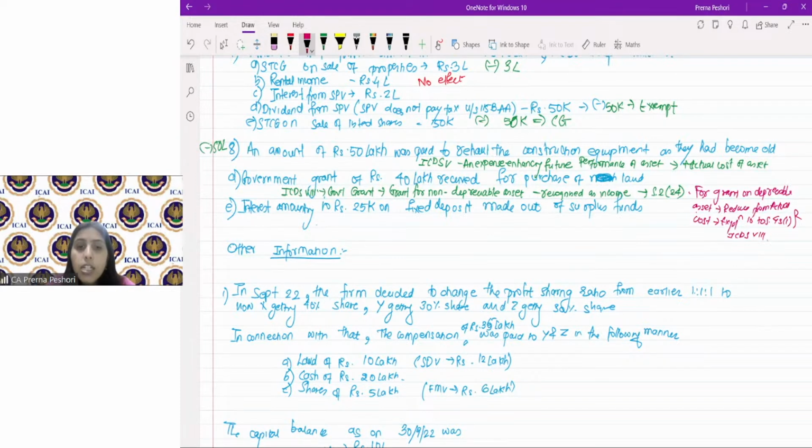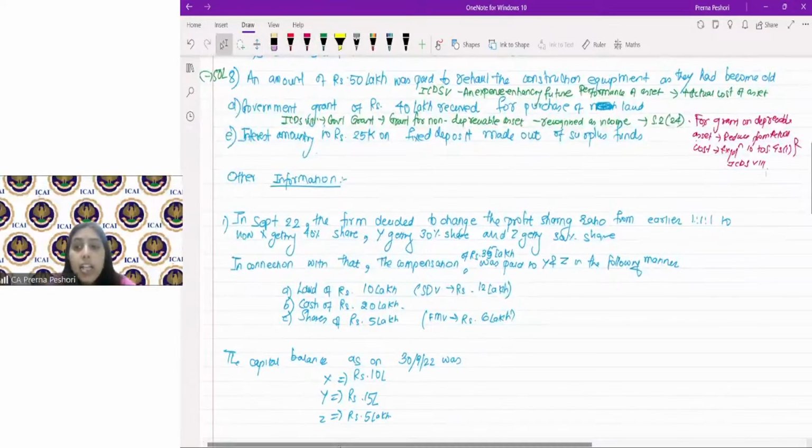Fine. Last one. Interest amounting to rupees 25,000 on fixed deposit made out of surplus fund. So what will happen in this case?